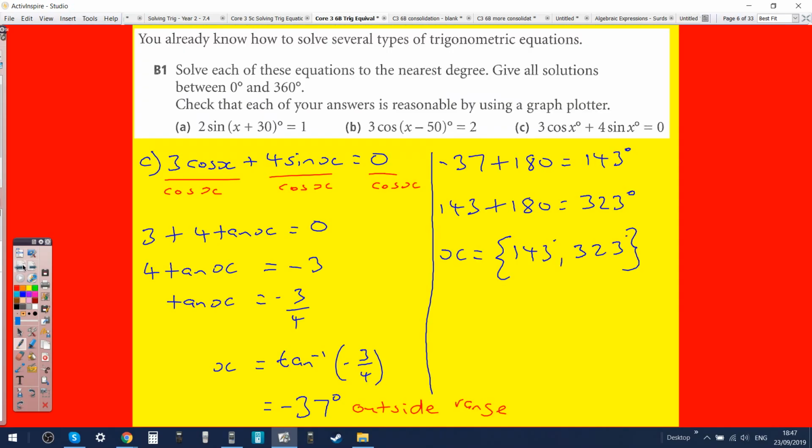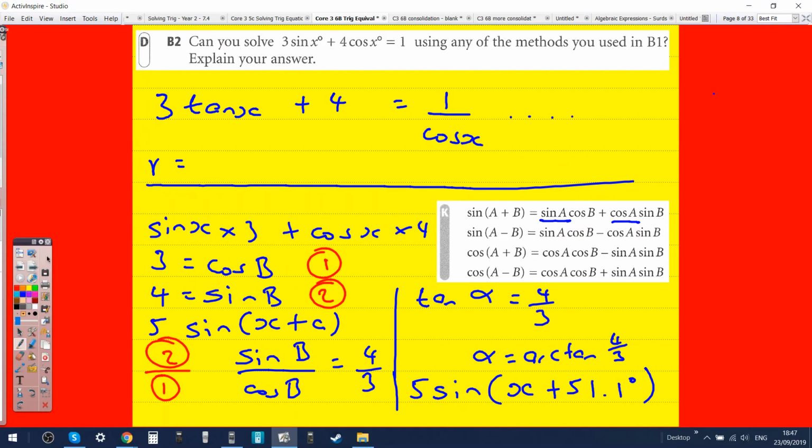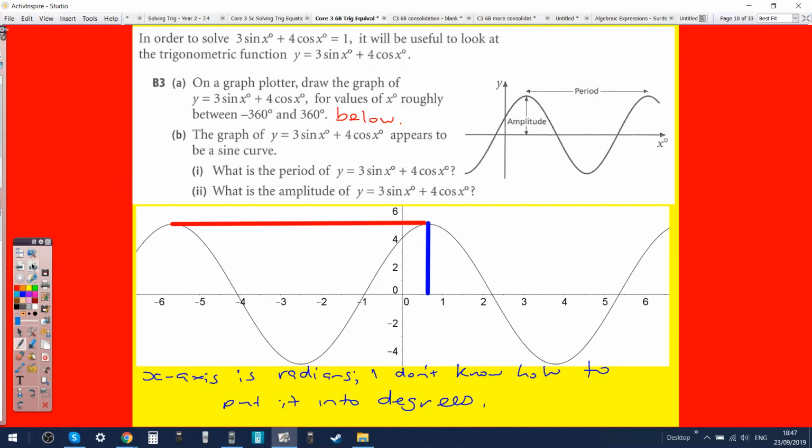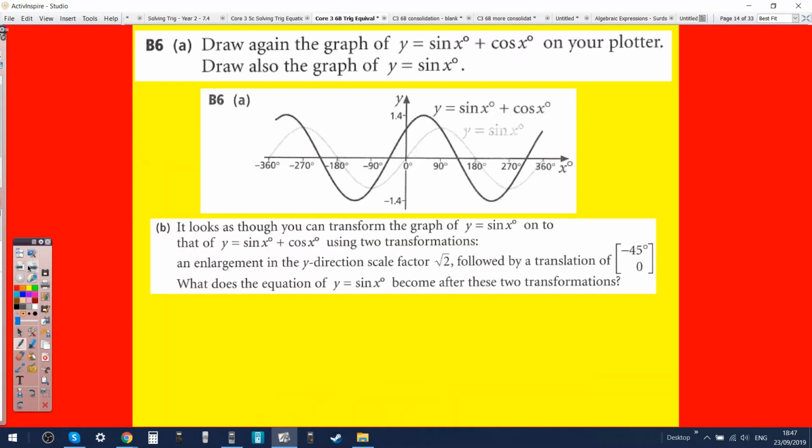So 0 divided by cos x is 0, and you just do tan x and you can easily solve it. With these types of questions, dividing through by cos x, you still have a mixture of tan and cos. So we have to use the r sine x plus alpha or r cos x plus alpha, something like that, to solve it. I think that's what you should do next.